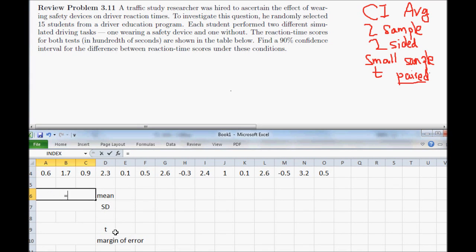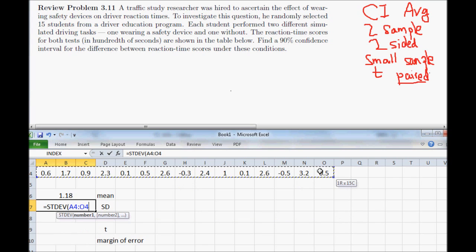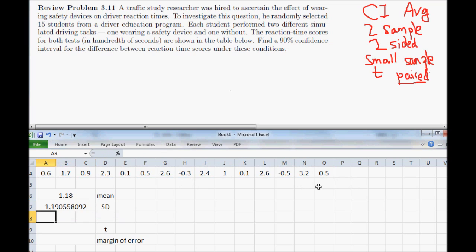The average difference works out to be 1.18, while the standard deviation of the differences works out to be 1.1905585097. So that's part of the information that I'll need for the confidence interval.